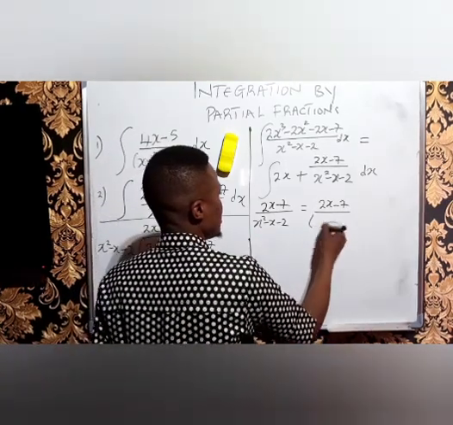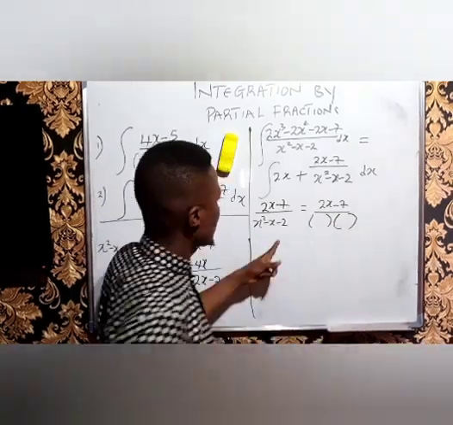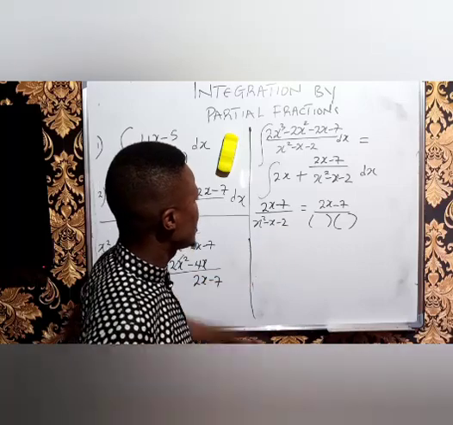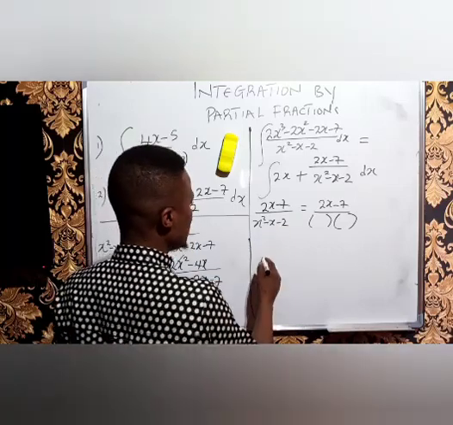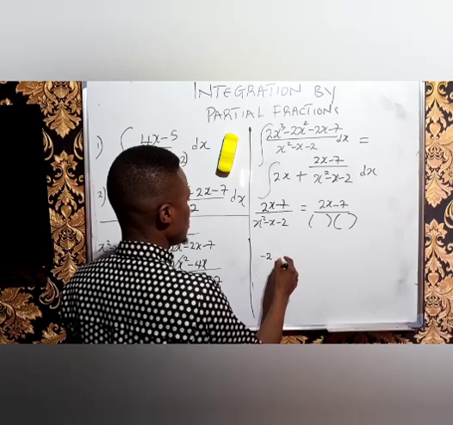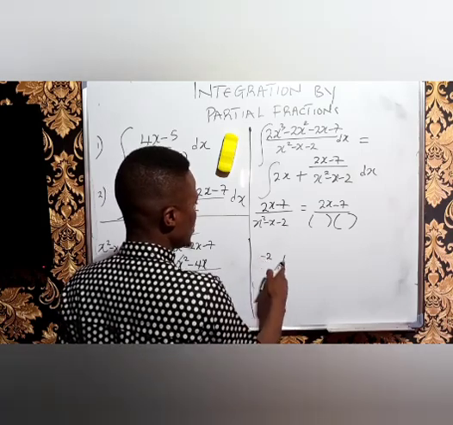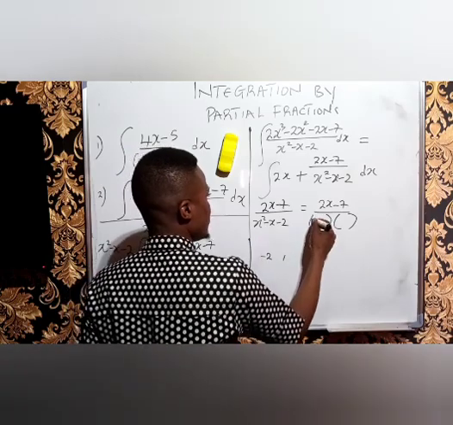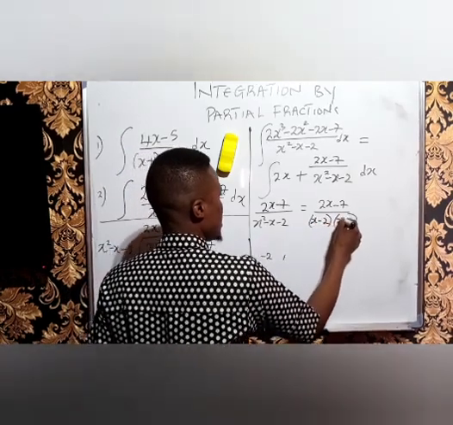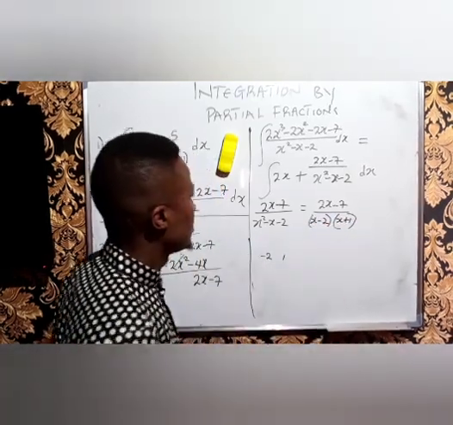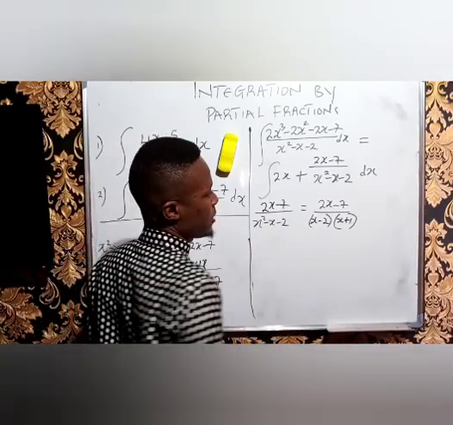factorizing this: two numbers which, multiplied, give minus 2, and added give minus 1. It should be minus 2 and 1, because minus 2 times 1 is minus 2, and minus 2 plus 1 is minus 1. So we have (x - 2)(x + 1). Let us split it into partial fractions.